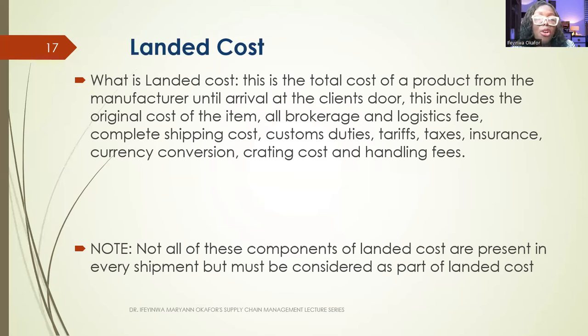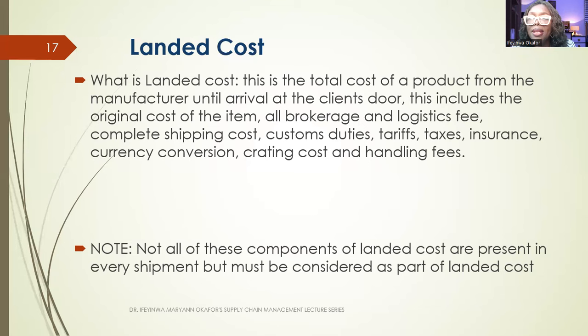This includes the original cost of the item, all brokerage and logistic fees, complete shipping costs, customs duty, tariffs, taxes, insurance, currency conversion, crating costs, and handling fees. The landed cost is the total cost of a product from the manufacturer until it arrives at the client's door.